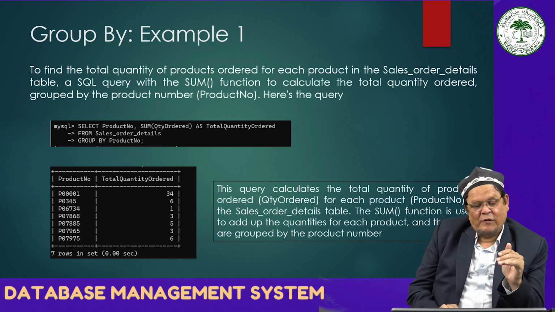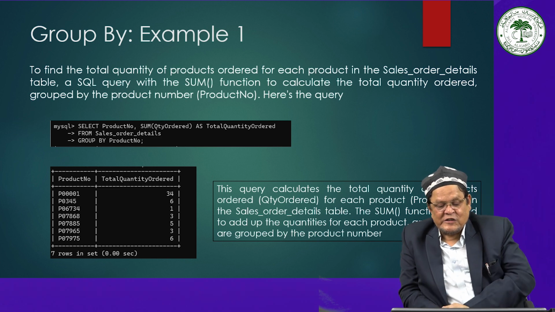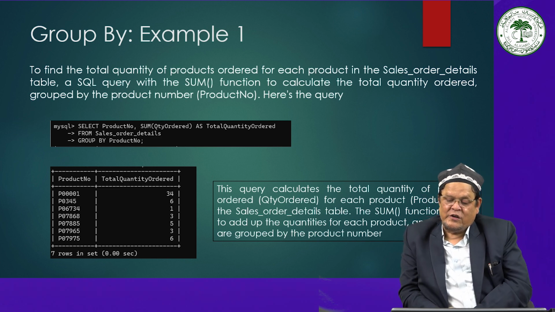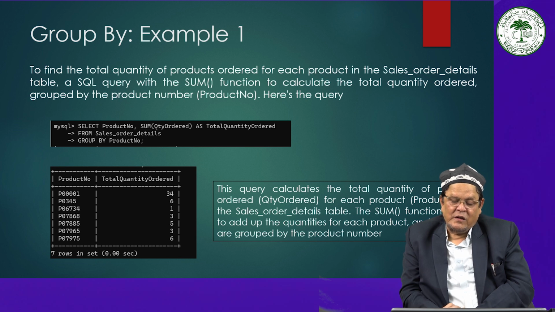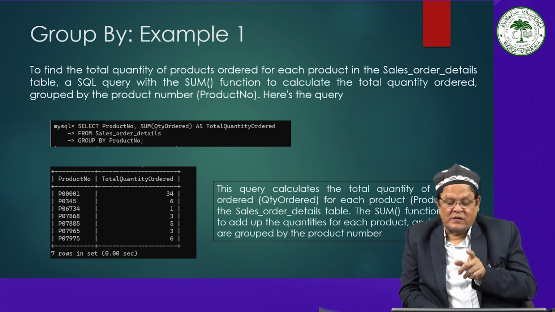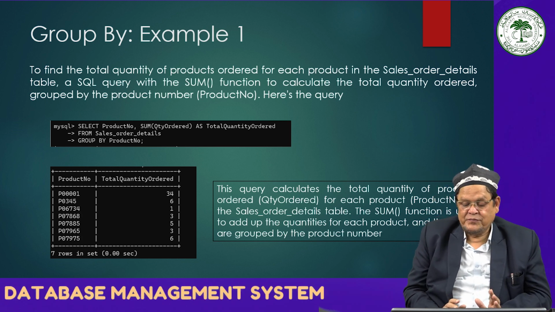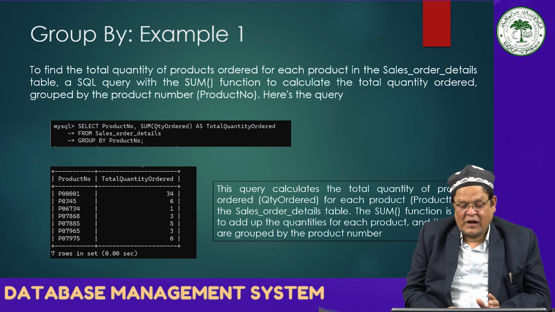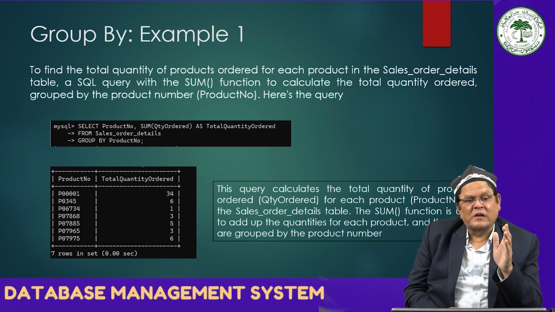So you have to write it in this way in MySQL. This query calculates the total quantity of products ordered by quantity order for each product number in the sales order details table. The sum function is used to add the quantity of each product, and the results are grouped by the product number.